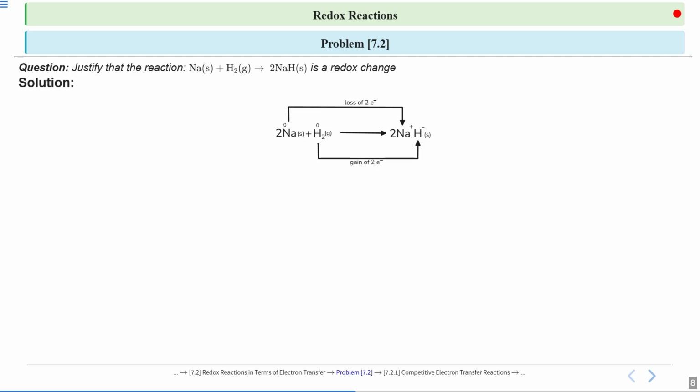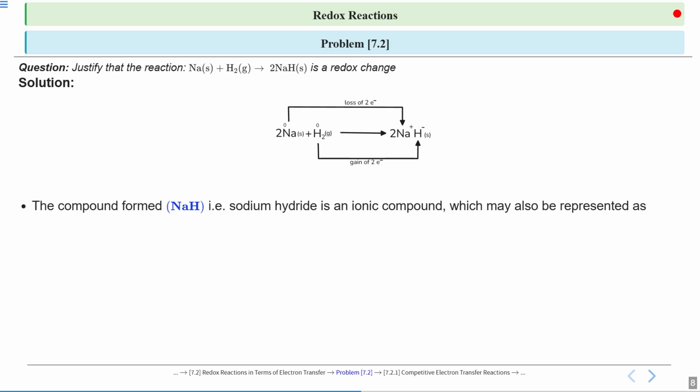Now, if we look over the Na, that means 0 to plus 1, while after balancing we will find there is 2 ahead of sodium in both the reactant and product. That means there is a loss of 2 electrons, and these 2 electrons are gained by the hydrogen. That means the sodium is oxidized while the hydrogen is reduced. Hence, we can say that the particular reaction is a redox change.